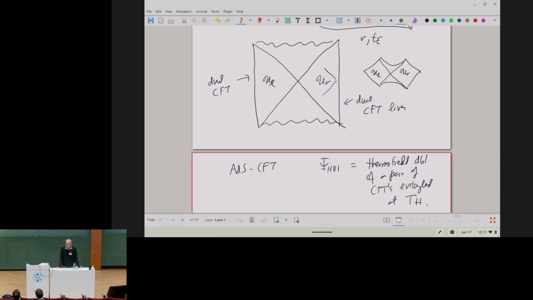If you have any thermal system, you can define what's called the thermofield double Hilbert space. But the thermofield double Hilbert space may or may not be simply a tensor product of two copies of the original Hilbert space. So here at low temperatures, everything I said is true regardless, but it's more interesting when the thermofield double Hilbert space is not a simple tensor product of Hilbert spaces.